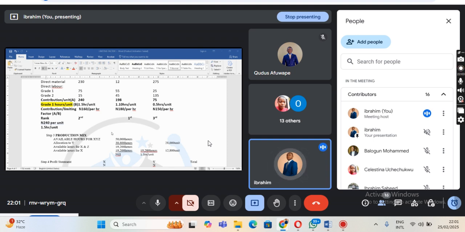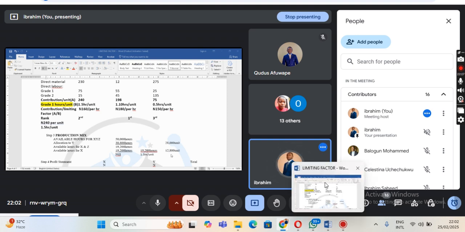You must produce this unit first. By that, you just write special order. You first of all remove it from your units or hours or kg, then you start allocating.